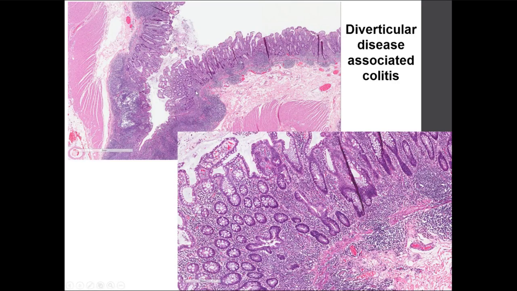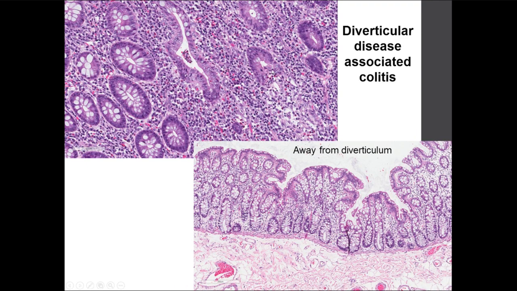When you get closer into the mucosal surface, you can see that there's something going on there, which is basically architectural distortion with some funny shaped glands, some branching, shortening of the crypt. So all the features of chronicity that we just discussed. In addition to that, there's probably some neutrophilic abscesses. Here is a higher magnification of those neutrophilic abscesses, even a crypt abscess.